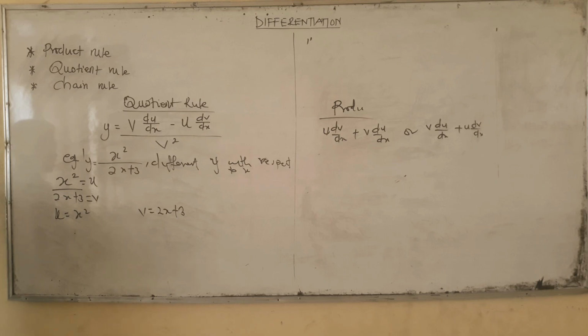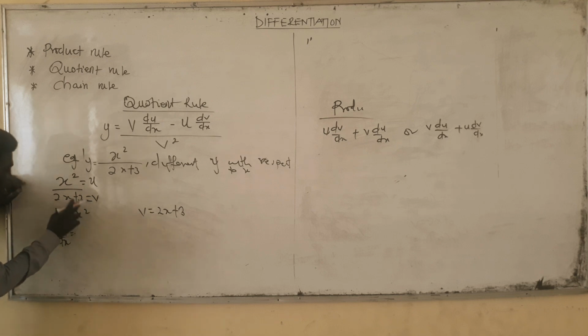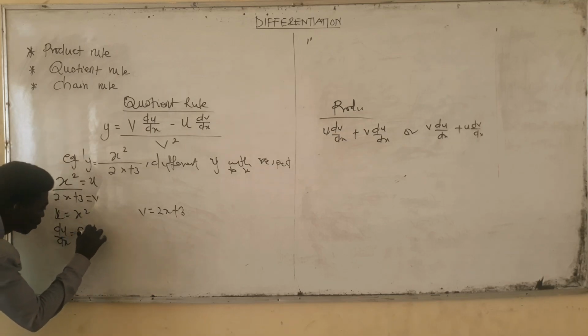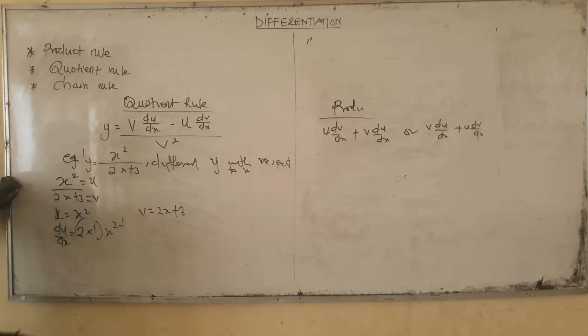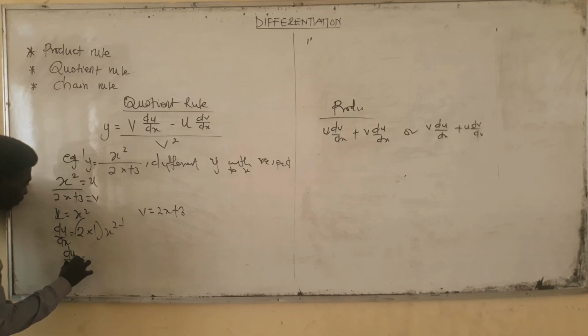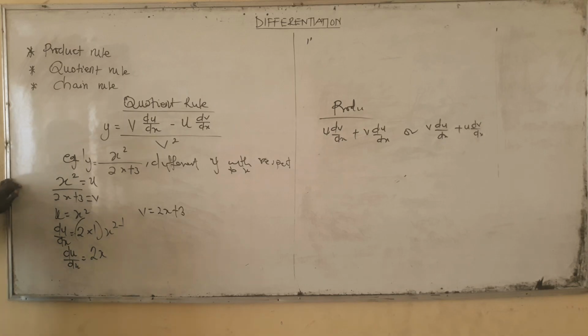So let's differentiate u. If you differentiate x squared, you get du/dx: 2 multiplied by the coefficient of x, which is 1, so 2 times 1, and then x, subtracting 1 from the exponent. So du/dx is 2x.